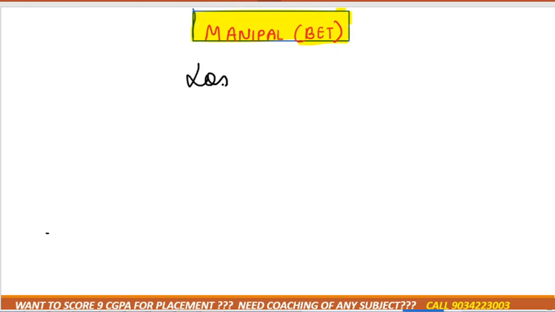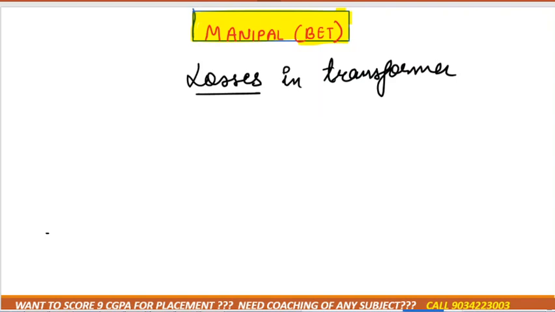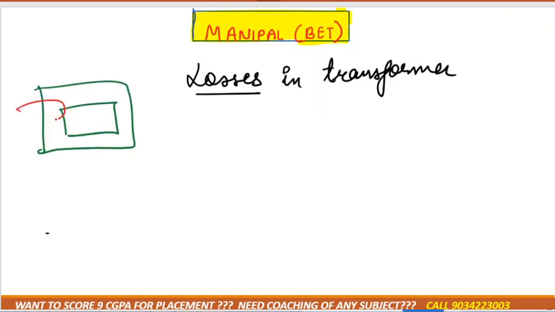Next we'll study the losses in a transformer. How do we get losses? As you just studied, in the transformer we have two materials. One is the primary winding, another is the secondary winding, correct? The winding is made up of which material?